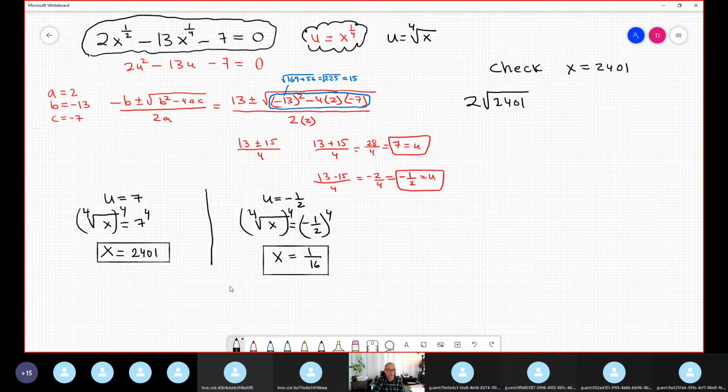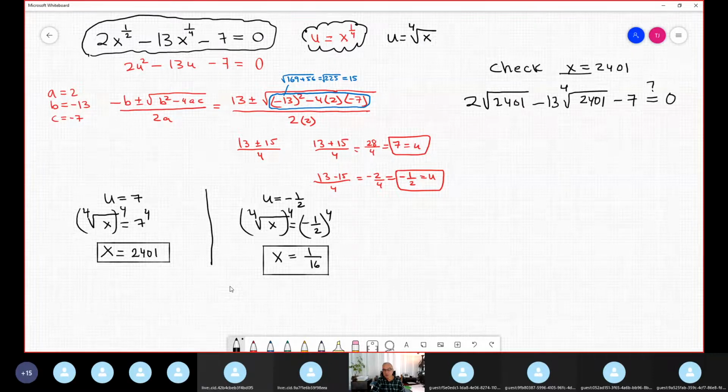So instead of this, I copy it like a square root of 2,401, minus 13 times the fourth root of 2,401, minus 7, which should be 0. If we guarantee that this is 0, this solution is good.